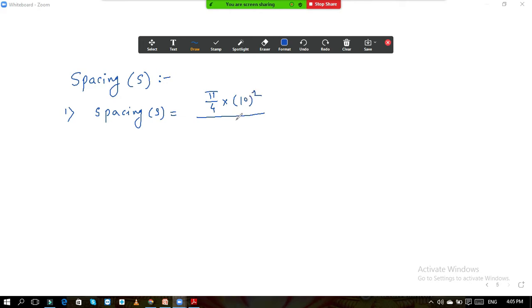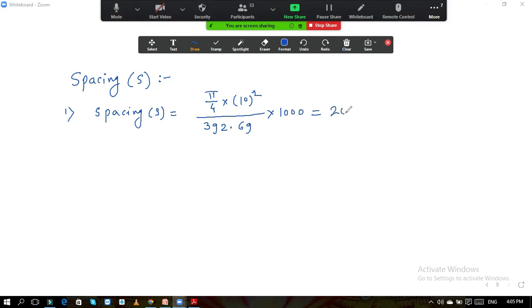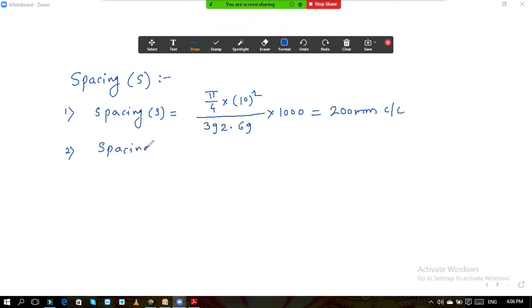Ast provided is 392.69. What is the answer? It is 200 mm center to center.